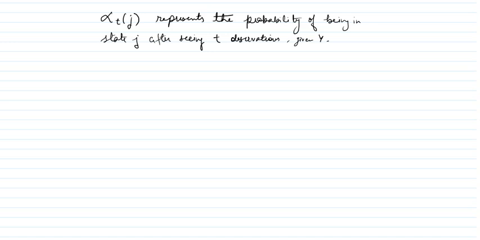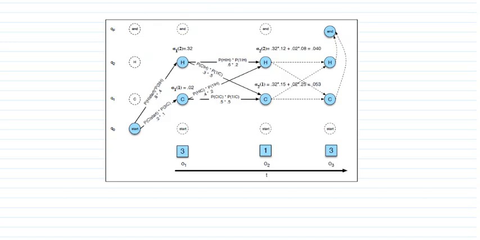Right? So alpha tj is actually the sum of probabilities that could lead to a particular cell. Which is that cell? The cell of state J and time step T, or observation T. So this is alpha tj, this is the state.